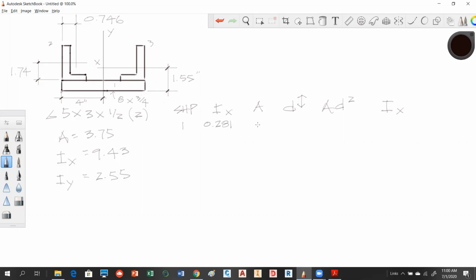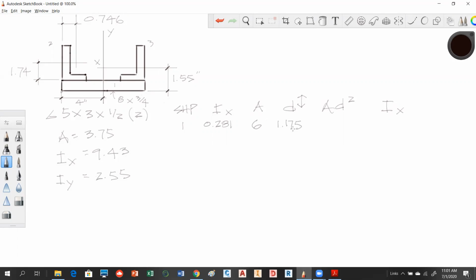The area of shape 1 was determined to be 6. So the distance for this would be centroid of this shape to that location there. So the X of the composite to the X of the shape itself. So you have 3/4 divided by 2. You're going to subtract that from 1.55, and that should give you then 1.175.